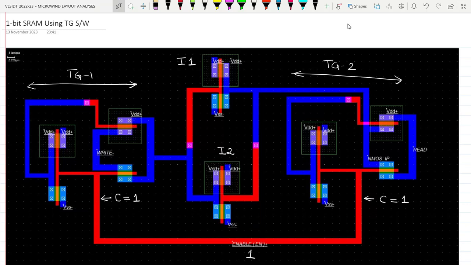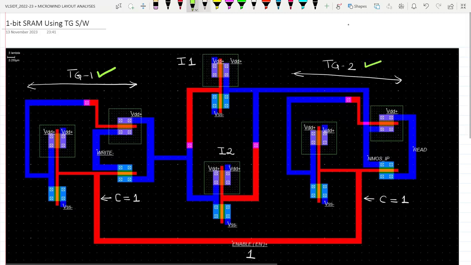As we know, when the gate of NMOS of TG receives a 1, then the transmission gate closes or turns on. So we can see here that for C equal to 1, the first transmission gate TG1 is on. Similarly, the second transmission gate TG2 is also on.